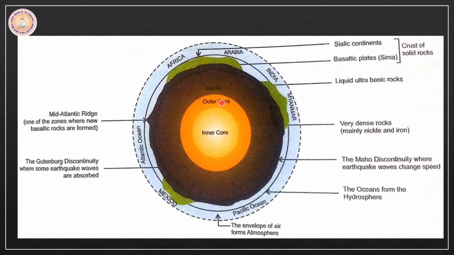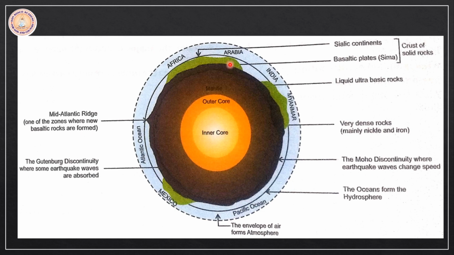Now moving on to the next part of the topic, that is the interior of the earth. We must understand that the earth's interior is made up of concentric layers, which are made up of minerals which have solidified with time and have been laid down in such a way that the heaviest is at the center, forming the core, and the lightest is found on the top, forming the crust.